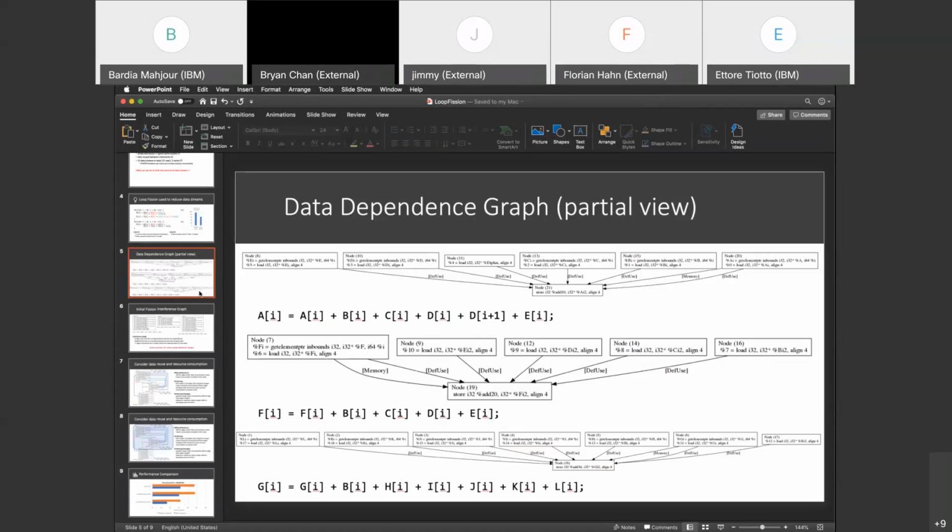But like I said, when we build the DDG, we assume that the program is what we have, and we model all the dependencies there. And if you have a cycle anywhere in that graph, you cannot safely distribute nodes within that cycle. And that's what this interference graph does.